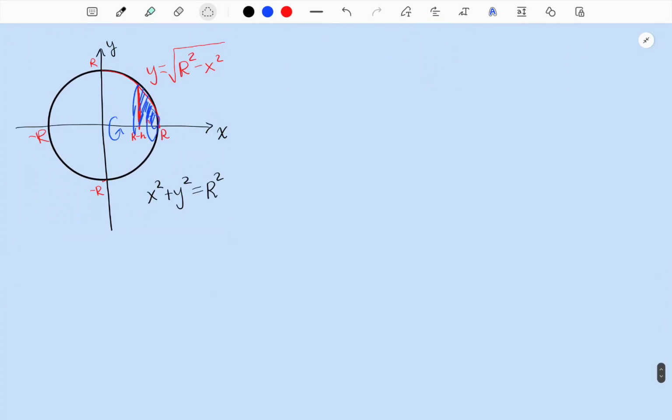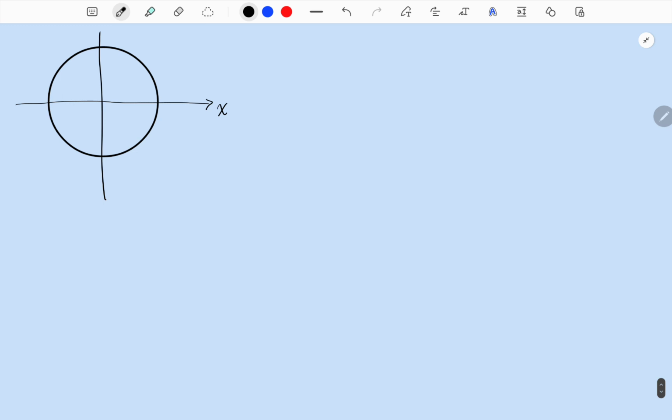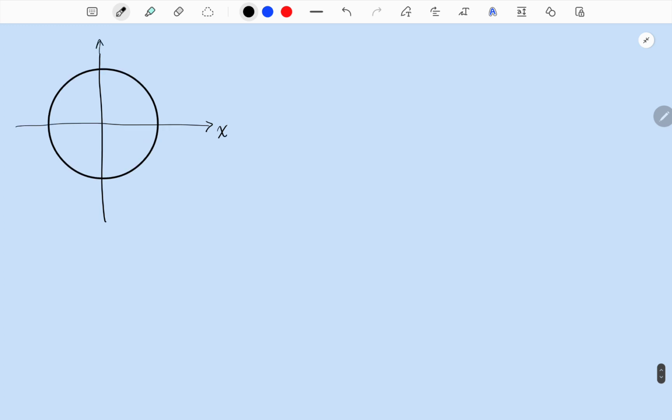Okay, so then I'm actually going to erase all of this. Okay. So now this is my z-axis, this is my y-axis, and then here's my x-axis now.